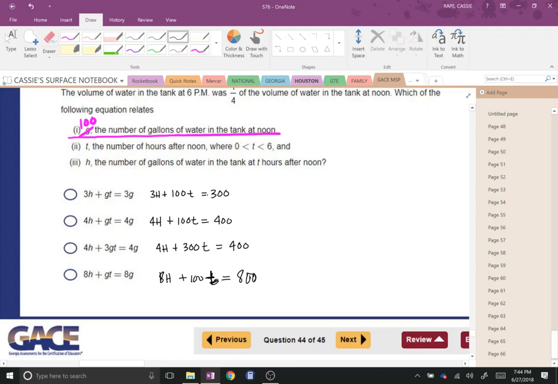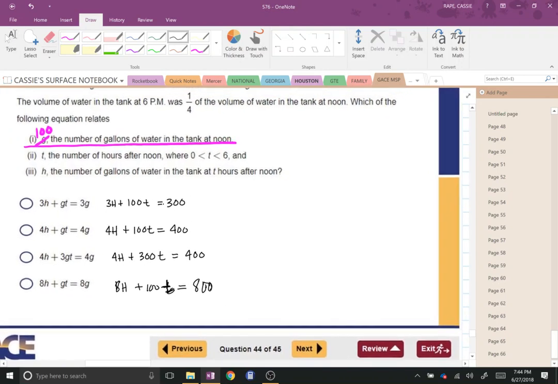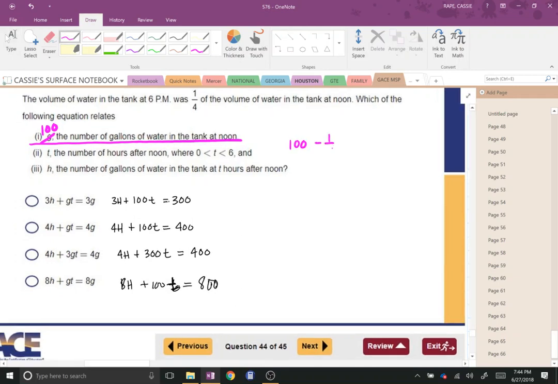Okay, now you can kind of do your math here and go, okay, I had 100. You would find out the unit rate the same way. It would be minus 1/8 of 100, the original amount, times T. And that equals H, the volume, which again I don't like, but whatever.